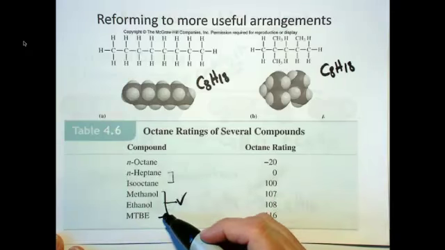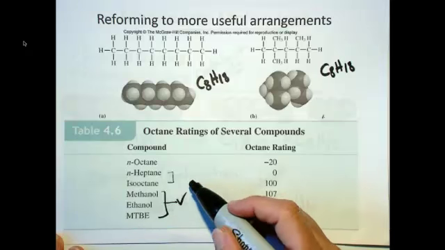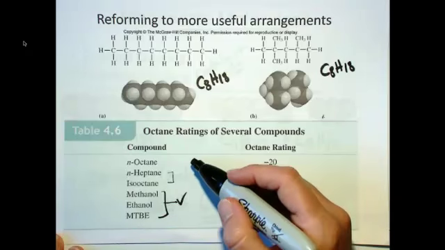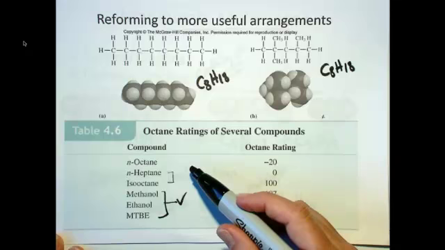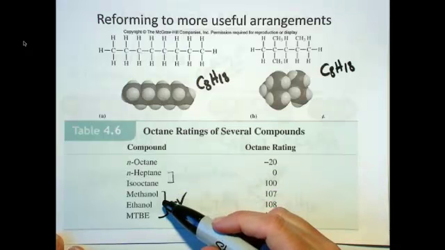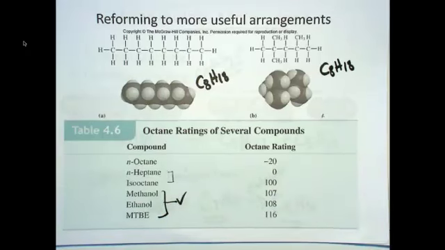So adding these is even better than isooctane. So if you've got a little bit extra of the molecules that behave like heptane and you add some ethanol, you're going to improve your octane rating, you're going to improve the efficiency of your engine, and you're going to reduce the knocking, which is when the gas in your combustion engine burns too fast and expands too fast.